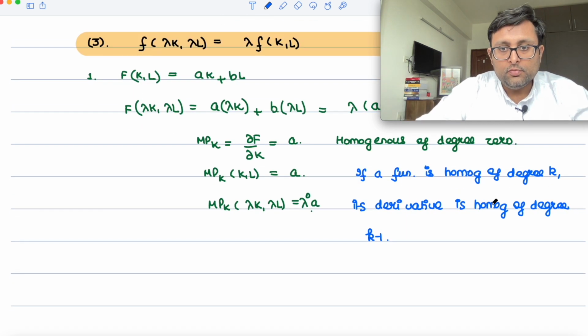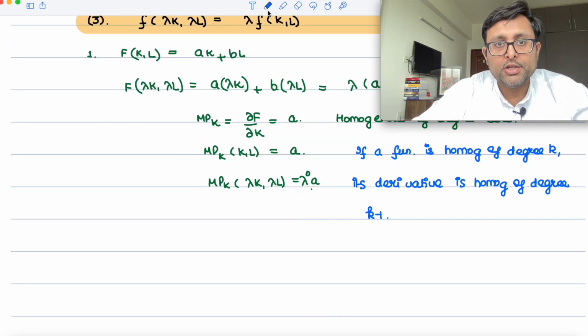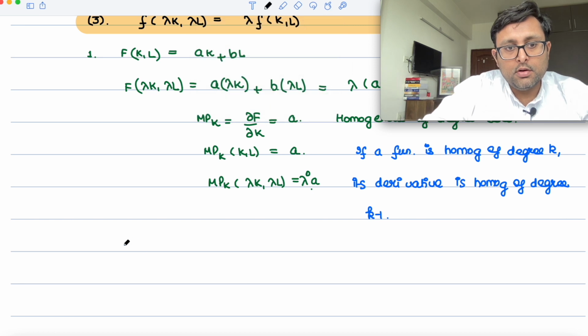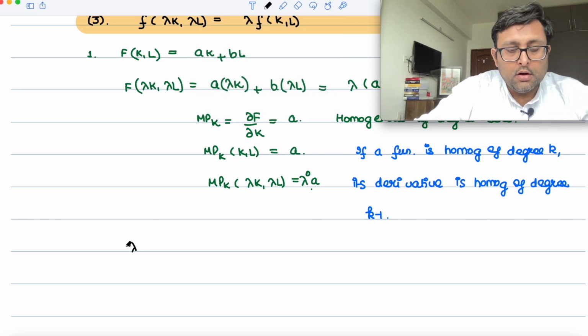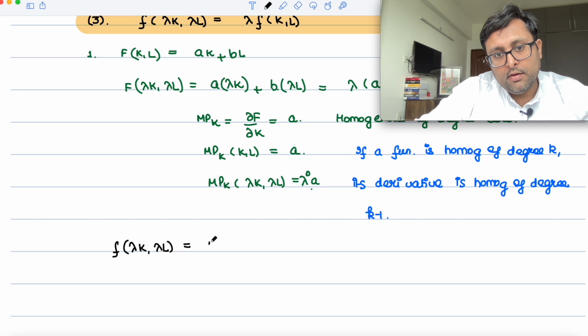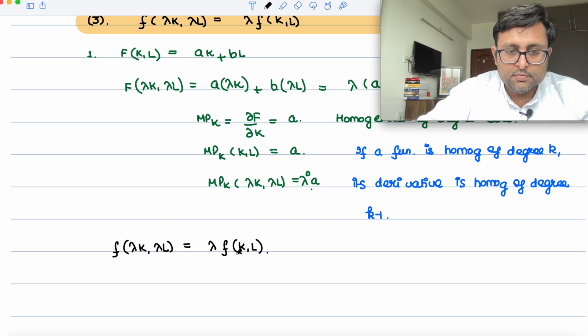So if you had a question where you have f of lambda K, lambda L equal to lambda f of KL, that is just homogeneous of degree 1, a CRS function.